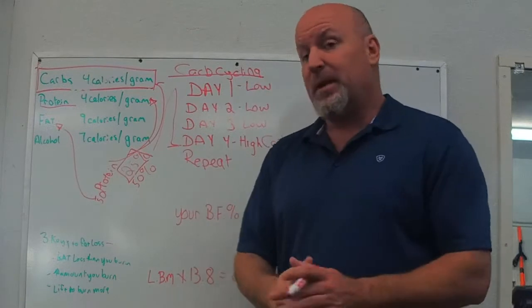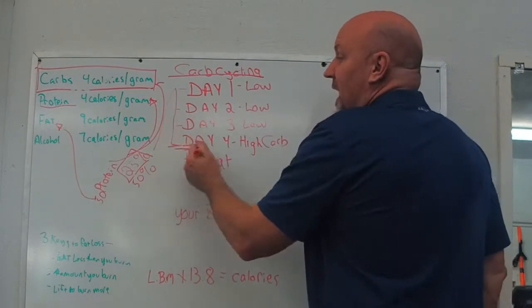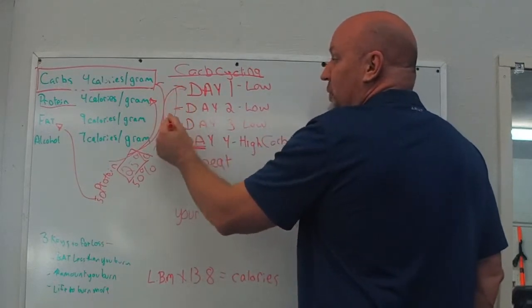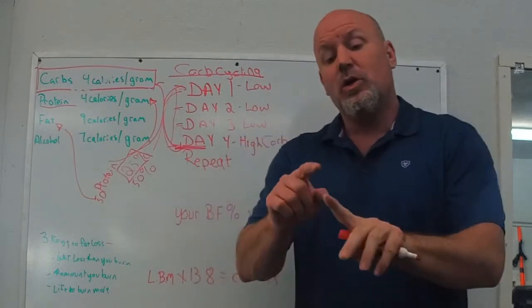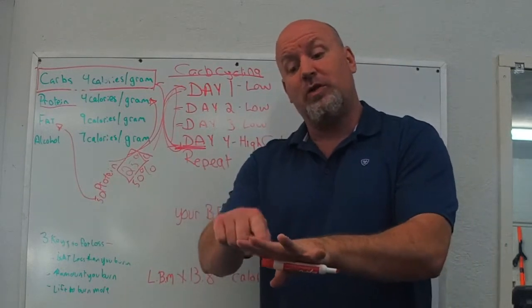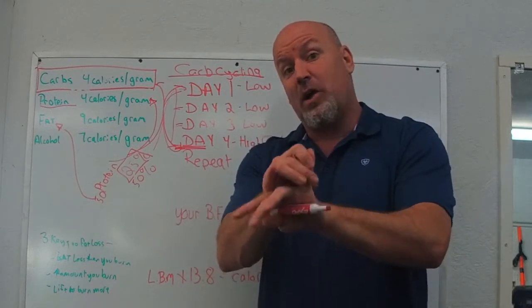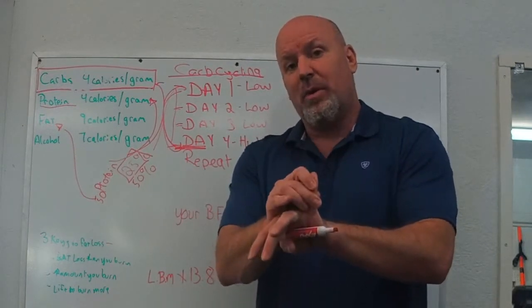Pretty simple, okay? Now you just need to cycle 1, 2, 3, high carb on day 4, and then you go back. So a week could be Monday is low carb, Tuesday low carb, Wednesday low carb, Thursday high carb, 50% of your intake that day would be carbohydrates.